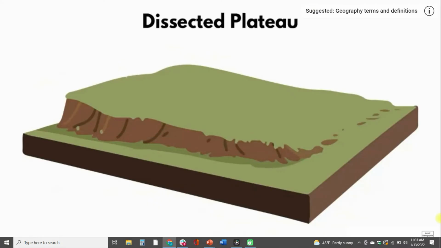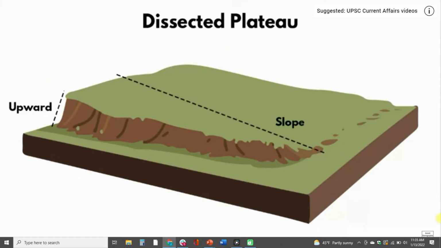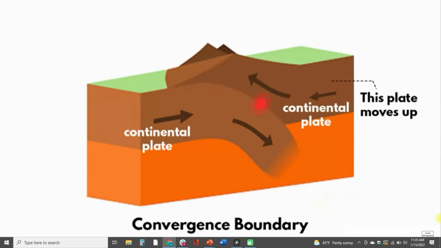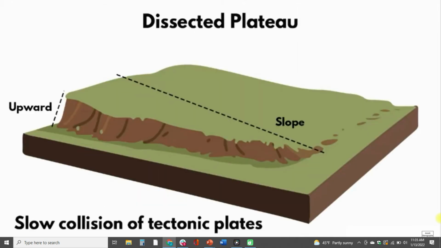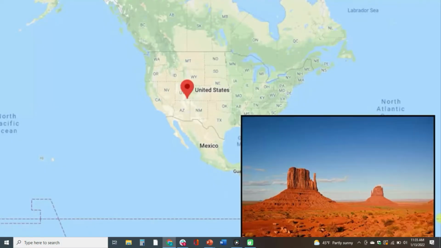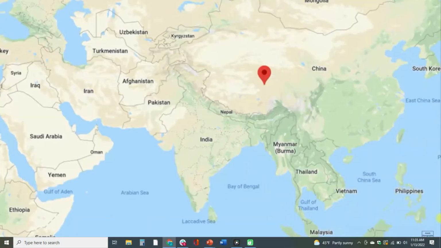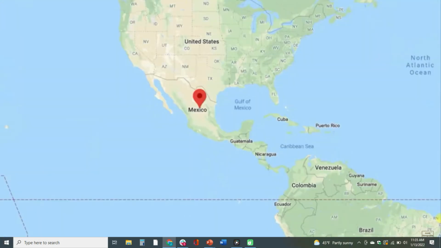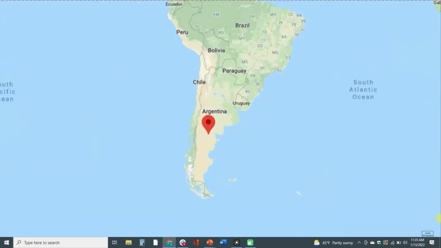Dissected plateaus look like this. These are formed due to upward movement in the earth crust. One side of this plateau will have a slope. Basically, when two continental plates collide, that is how mountains are formed, right? Even plateaus are like mountains, except it has a flat top. So even dissected plateau is formed due to slow collision of tectonic plates. A good example is the Colorado Plateau in US, Tibetan Plateau, Mexican Plateau, and Patagonia Plateau.